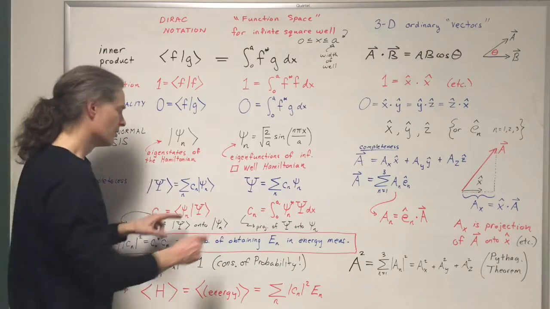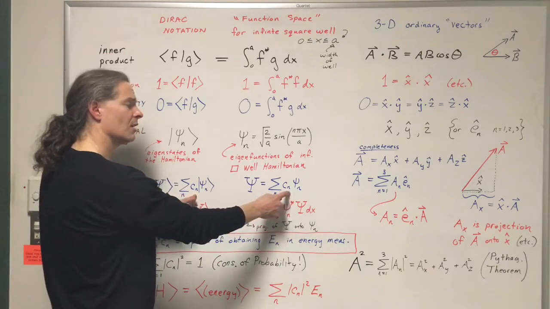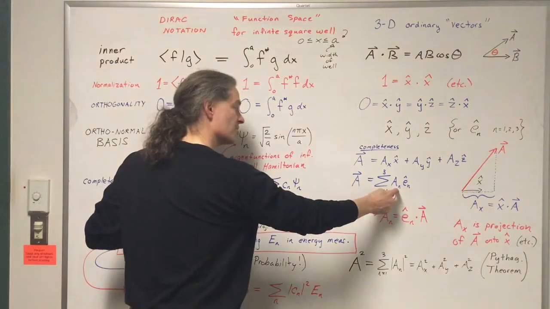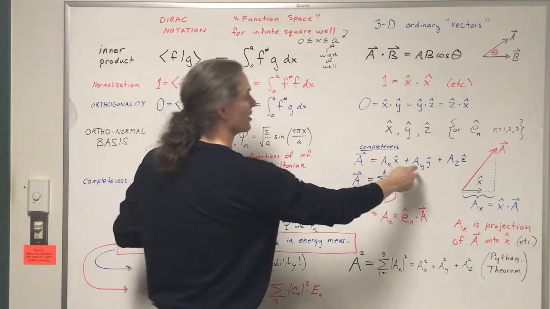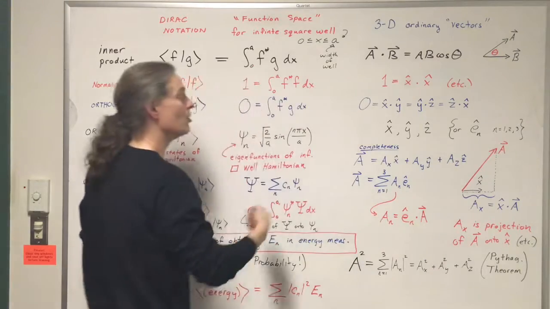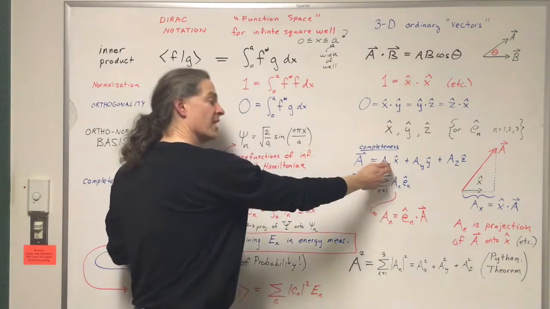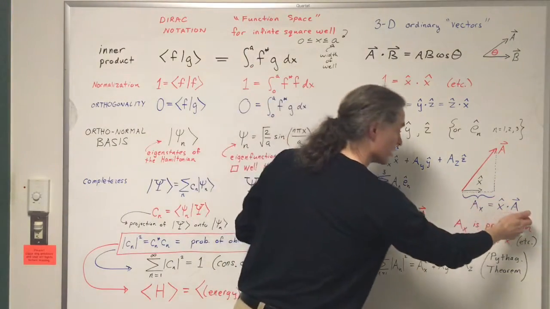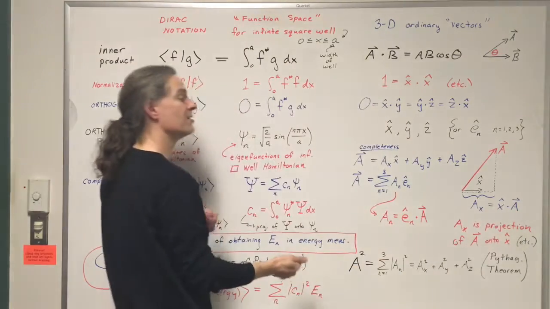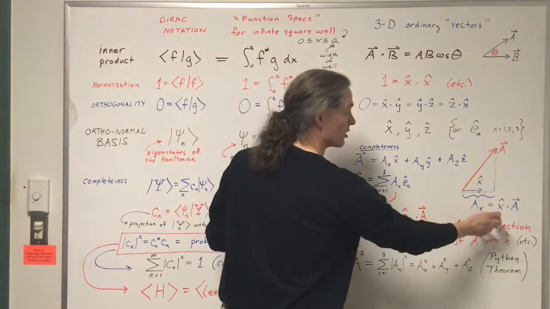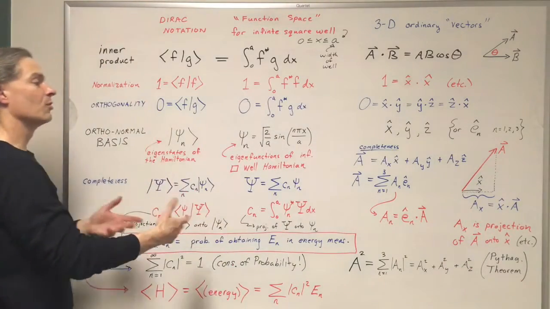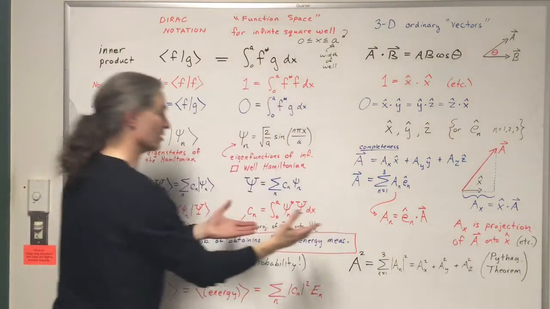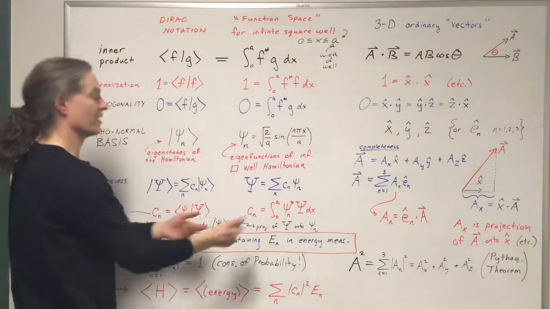All right, so how do we figure out these little c sub n's, these little coefficients? Well, these are analogous to this, which just is an abstract way of representing the components, a sub x, a sub y, a sub z. What were these components? A sub x is the projection of vector A onto x hat, which is equal to the inner product of x hat and vector A. So let's generalize that, or let's take that same machinery.